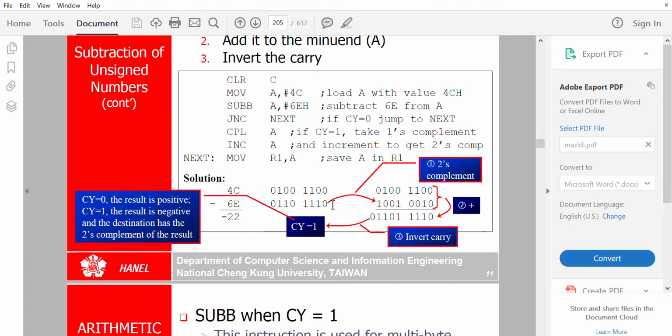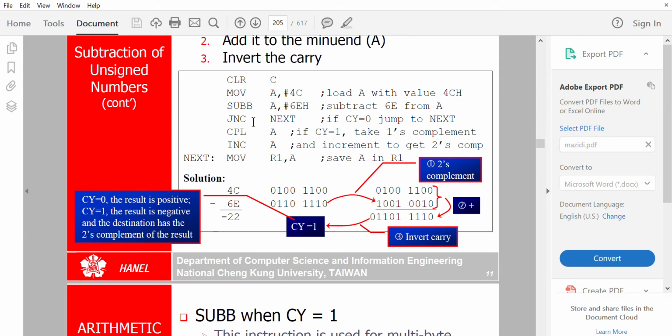So this we have to do using this program. A has the value 4C. SUBB A comma 6C means 4C minus 6C. Then jump if no carry to next. Jump if no carry means you're going to store the result in R1.